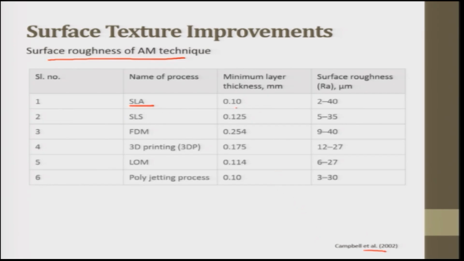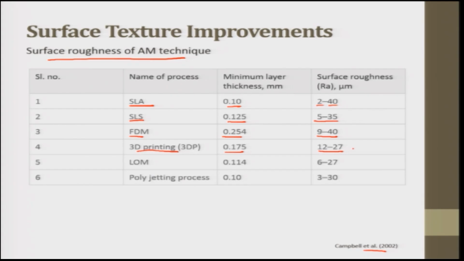For SLA, the minimum layer thickness was 0.1 millimeter and roughness varied from 2 to 40 micrometers. For selective laser sintering it was 0.125 and this was from 5 to 35. For FDM the minimum layer thickness was 0.254 and surface roughness was 9 to 40 micrometers. For 3D printing, minimum thickness was 0.175 and the surface roughness was 12 to 27 micrometers.